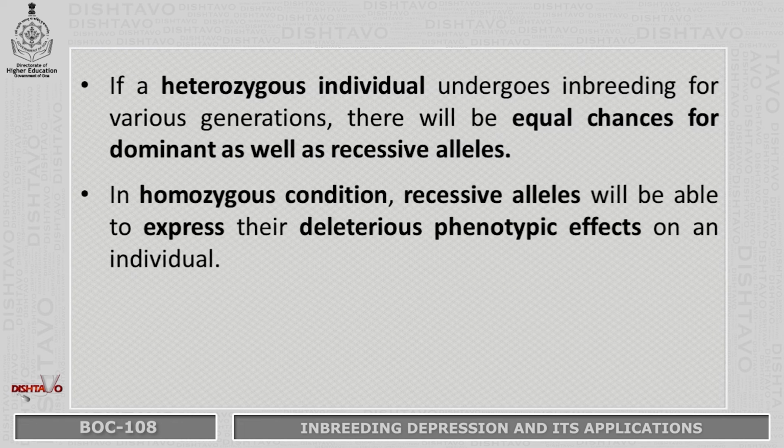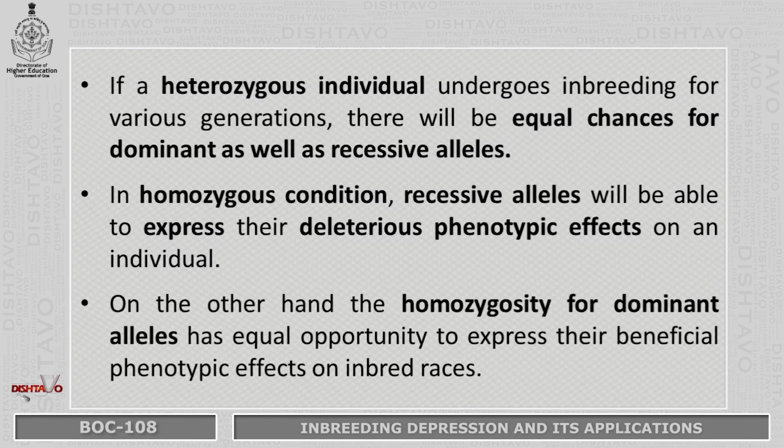But in homozygous condition, recessive alleles will be able to express their deleterious phenotypic effects on an individual. On the other hand, we have the homozygosity for dominant alleles which has equal opportunity to express their beneficial phenotypic effects on inbred races. And therefore, we sometimes say that inbreeding is boon or bane.